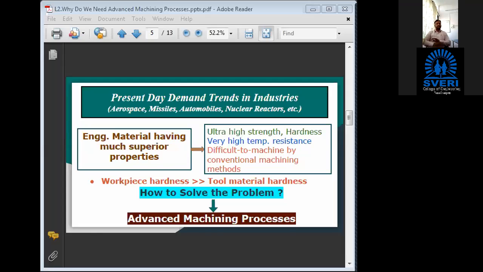There is no restriction over hardness. Your material may have high hardness or be a harder material, no problem. You can cut any material having any hardness using this advanced machining, that we are going to learn in chapters 2, 3, 4, 5. This is the second point about why we need advanced machining.